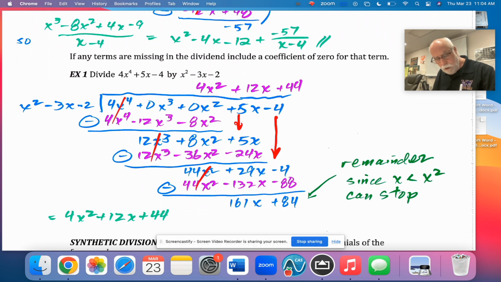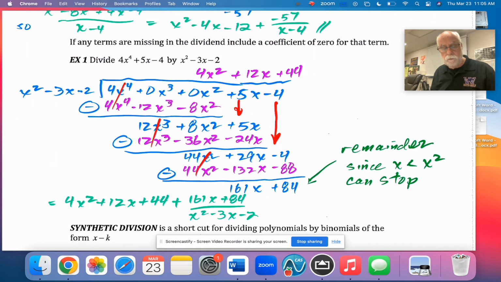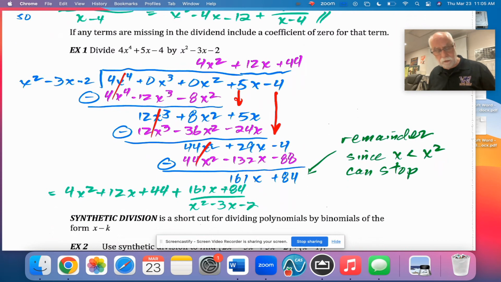And again, with our remainder, which is 161x plus 84, and that will be all over our divisor, which again is x squared minus 3x minus 2. All right, so that's when we are using long division, and you will have a long division problem on your test, of course.